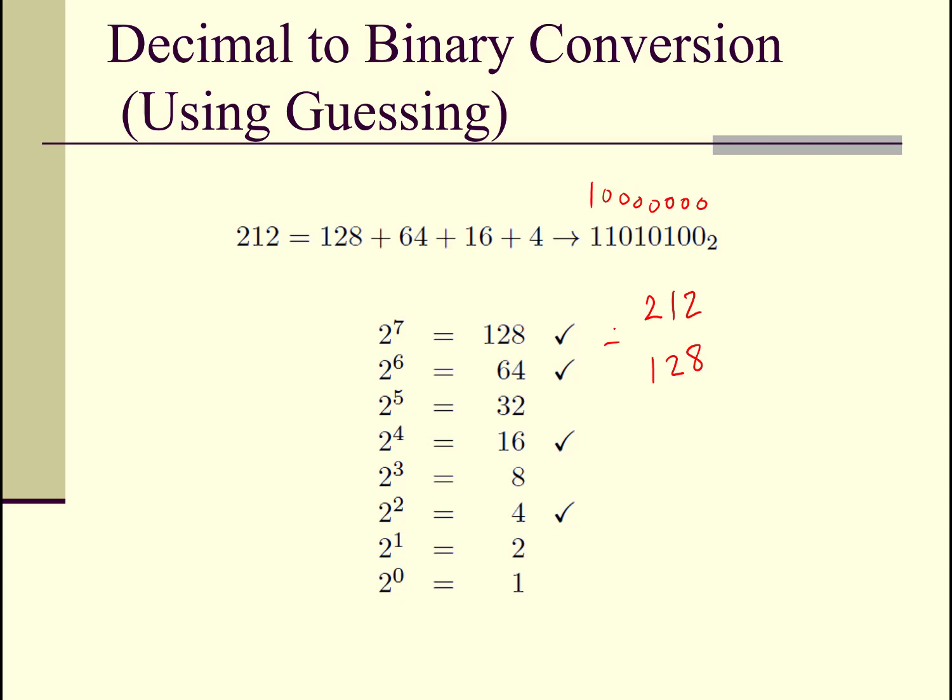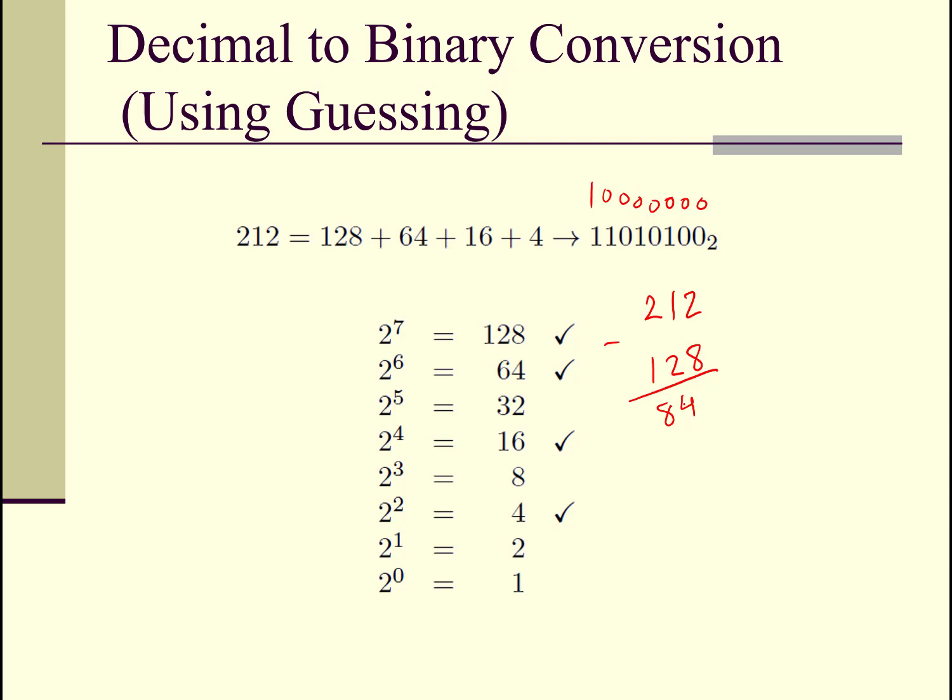So subtracting 128 from 212, this will be 84. Okay? And let's do it again. Let's see what is the nearest number to 84 which is 2 to the power of something, right?